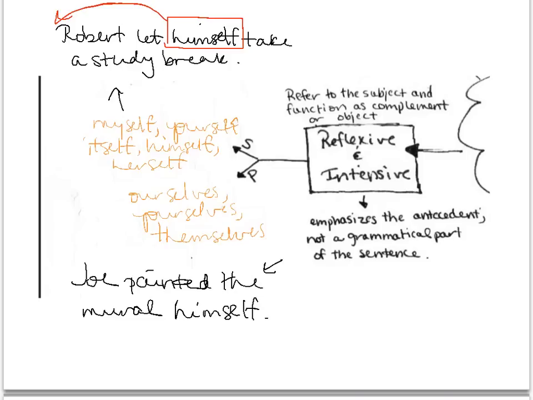Here, himself is an intensive pronoun. It refers to Joe. However, I can take it out, Joe painted the mural, and it doesn't change the grammatical meaning of the sentence. It doesn't function as an object or a subject.